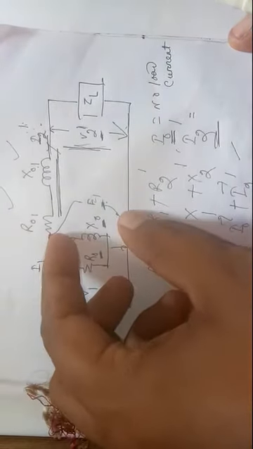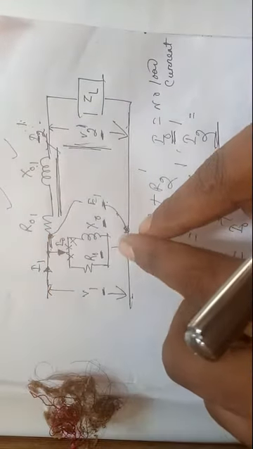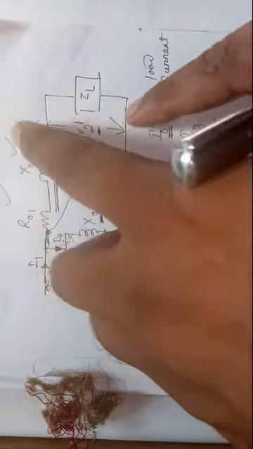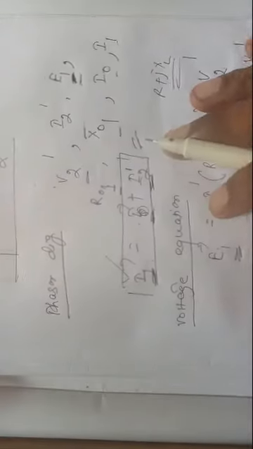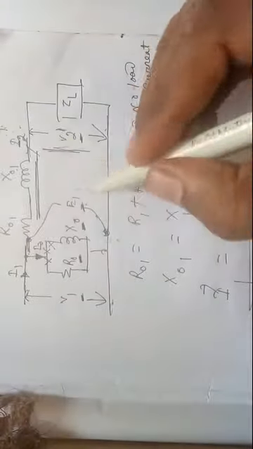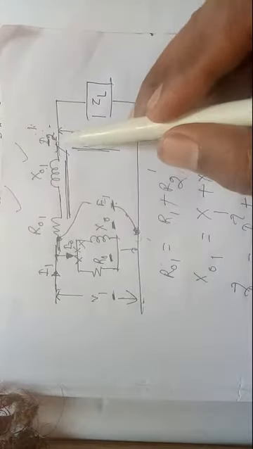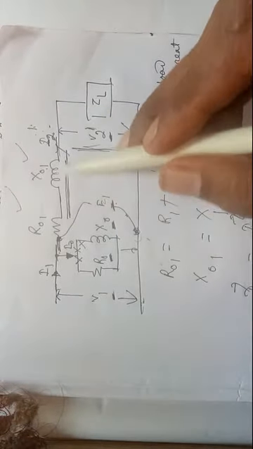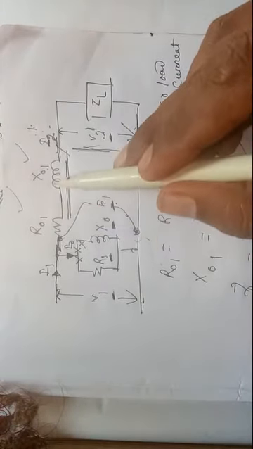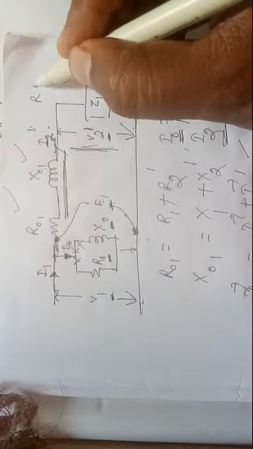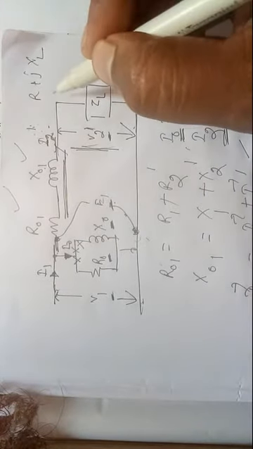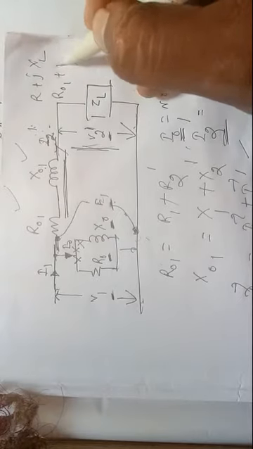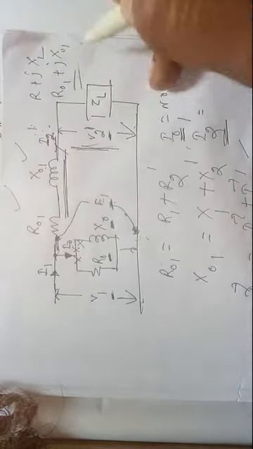So E1 is equal to the current I2 dash times the impedance, which as an RL series can be written as R plus jXL, that is R01 plus jX01.